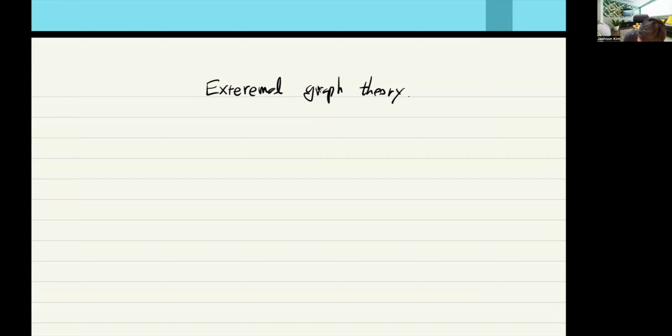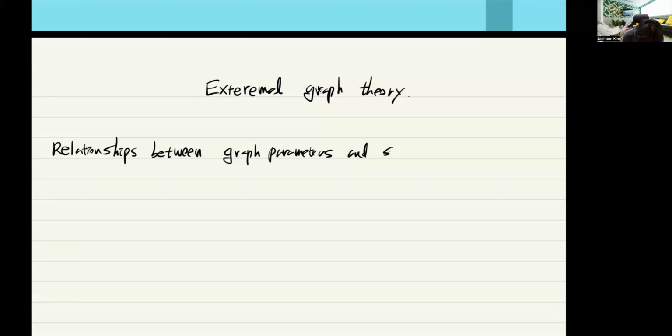So here, it's about the relationship between graph parameters and graph properties or graph structures.